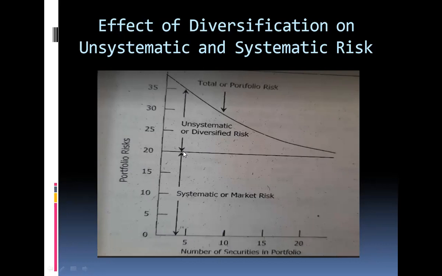From 0 to 5 stocks, the risk is very high. As the number of stocks increases to around 20, the risk diminishes up to here only. This is the graph as shown in this figure.